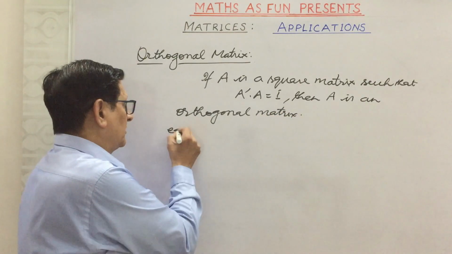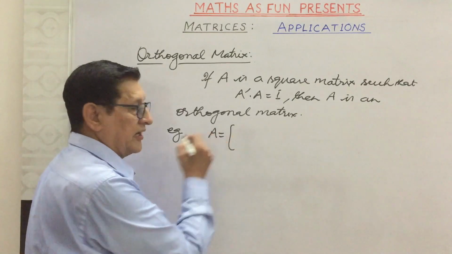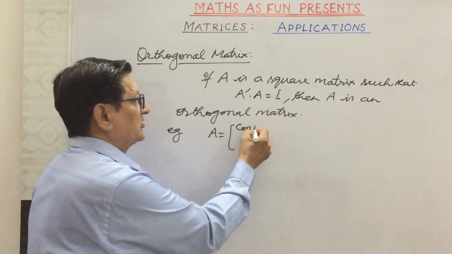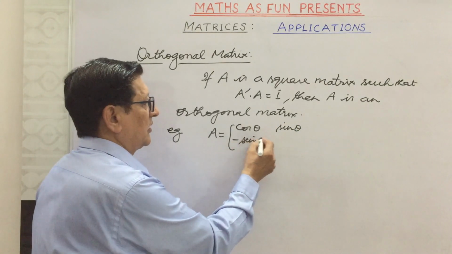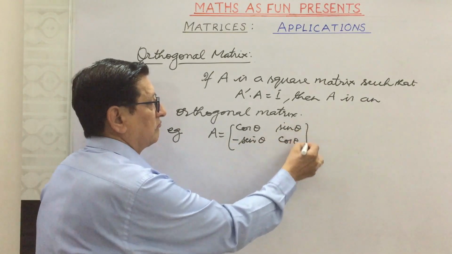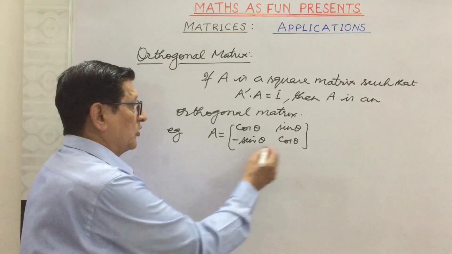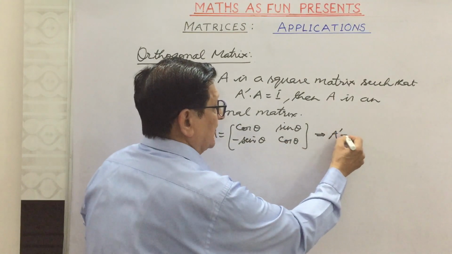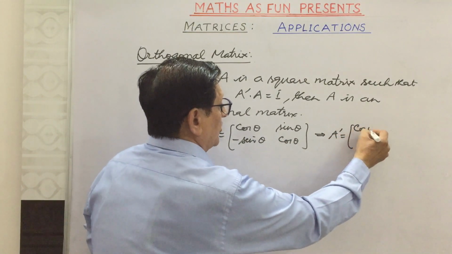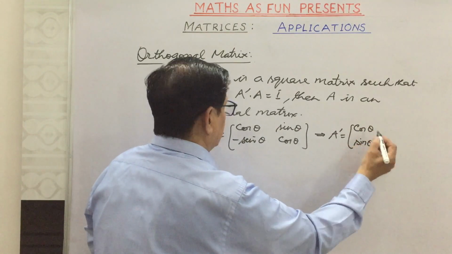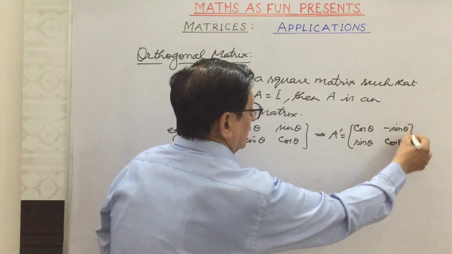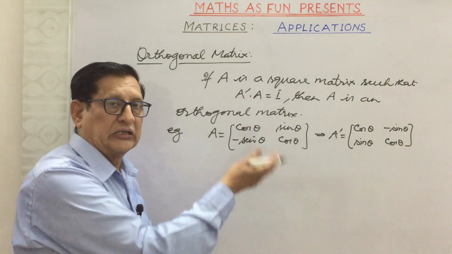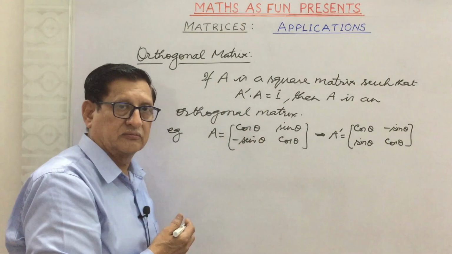For example, suppose we have a matrix A that is cos theta, sin theta, minus sin theta and cos theta. Then we know that A dash, the transpose of it, will be cos theta, minus sin theta, sin theta and cos theta. Transpose is obtained by interchanging the rows and columns.